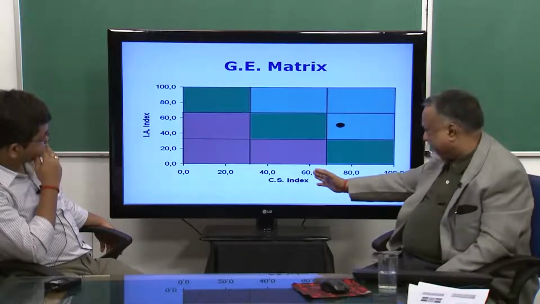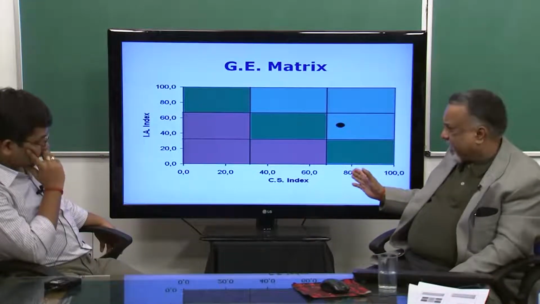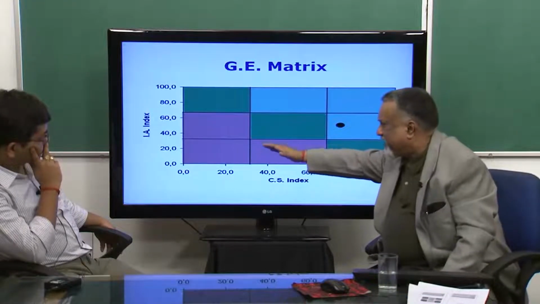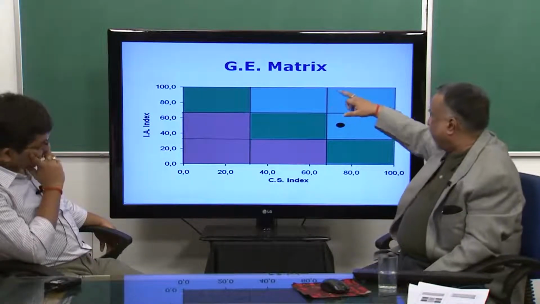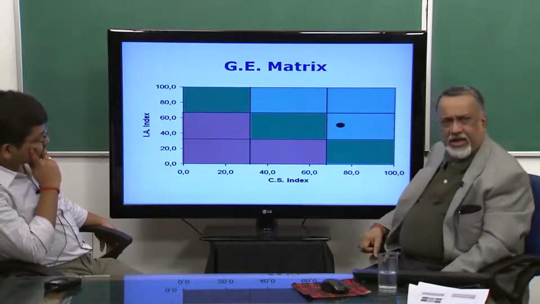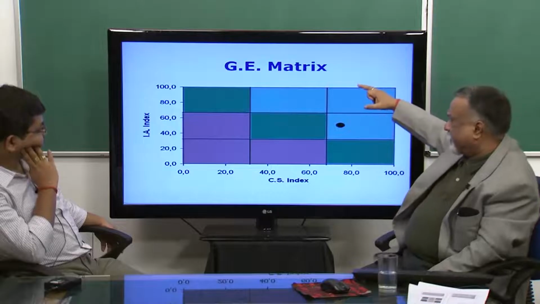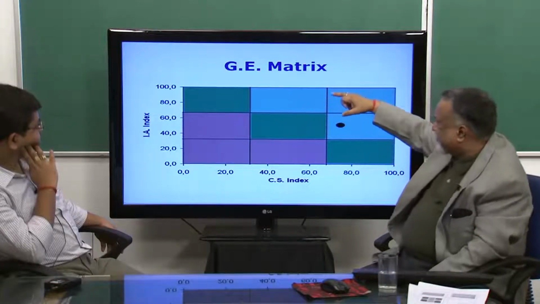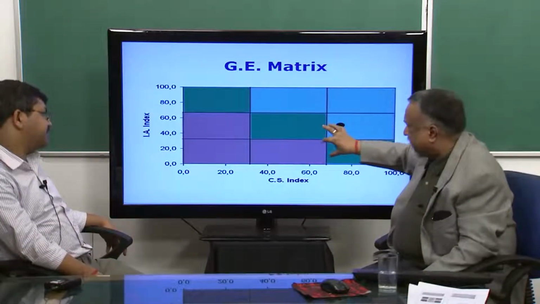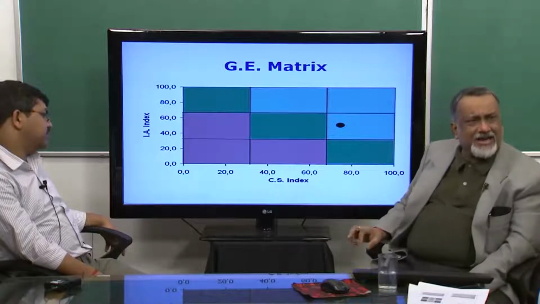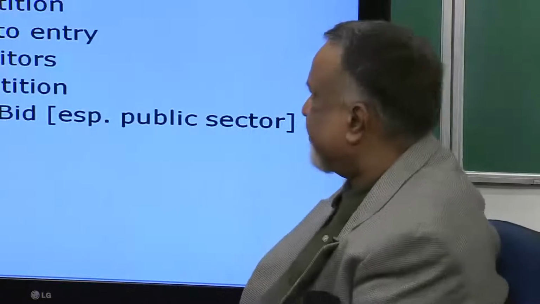All companies on this side of 60 are very strong competitors, and there will be a number of people here. There will also be a number of people in these blues, because those are companies high on competitive strength as well as in an industry which is quite attractive. Depending on where the competitors get clustered, the dynamics and the nature of competition change.